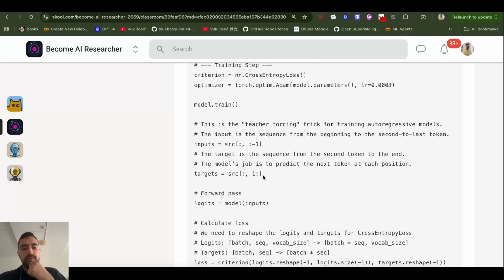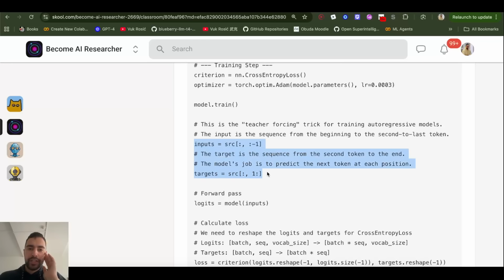Okay? And inputs will go until the last, but not including the last, because during training it's possible to have all of the sequence as inputs except the last when we are predicting the last. So all of these combinations are possible. Let me simplify.